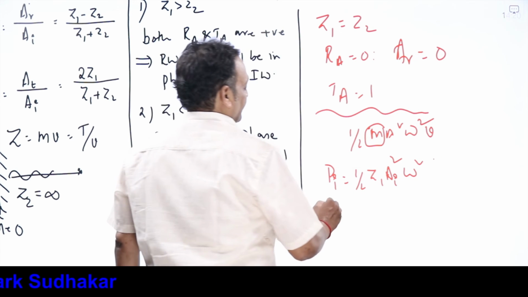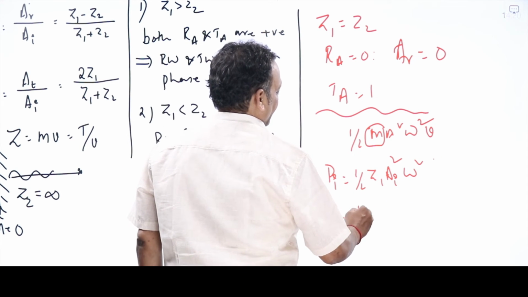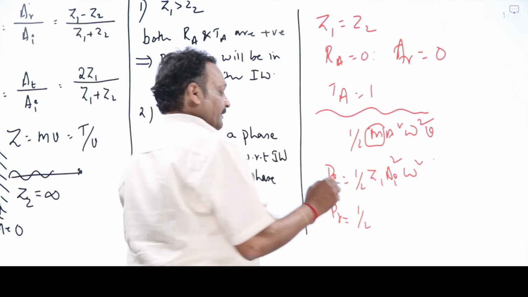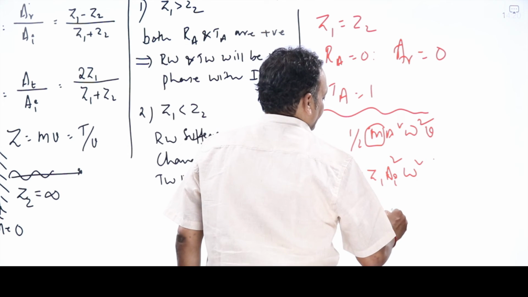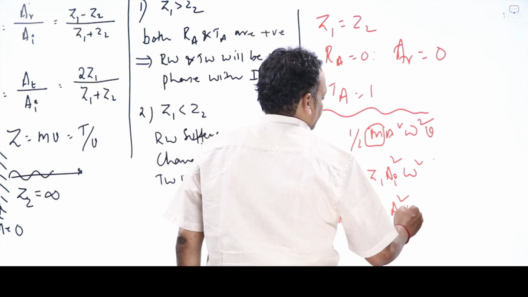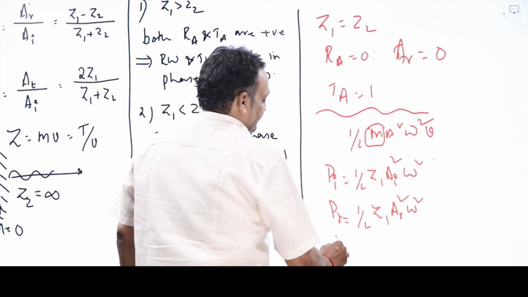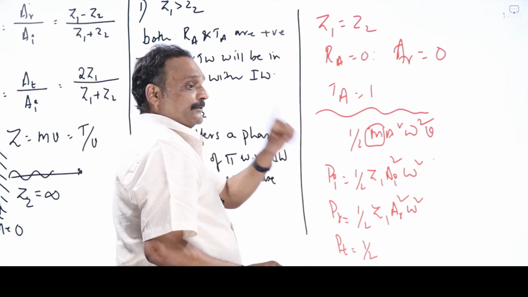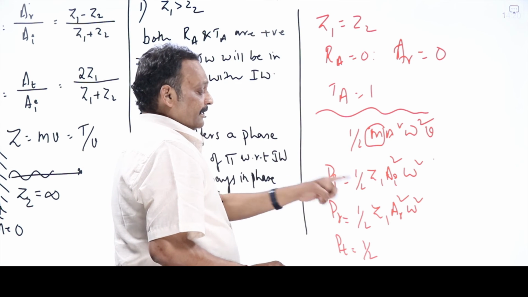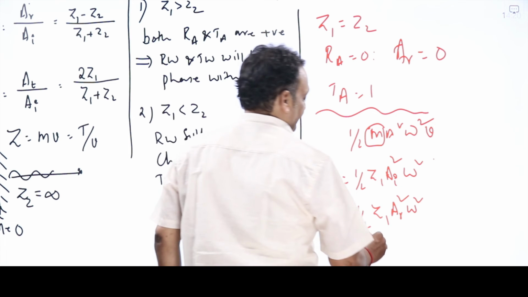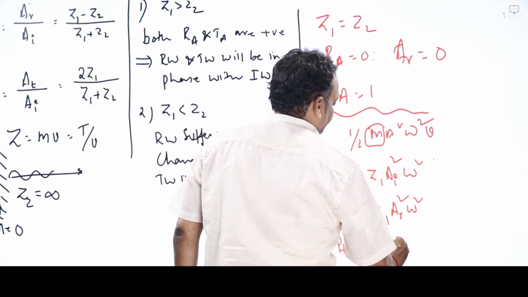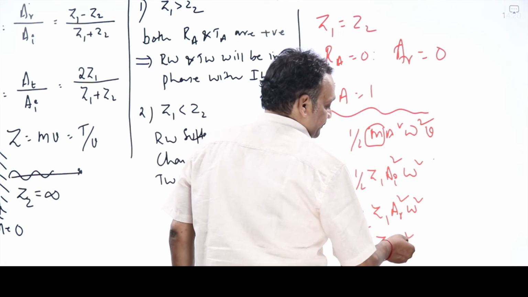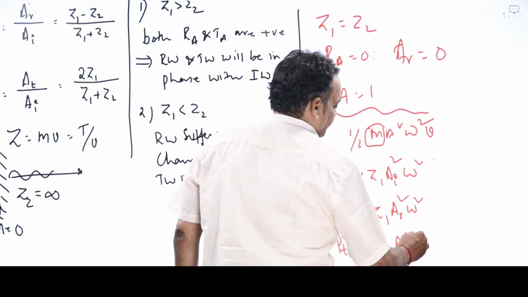Similarly, the reflected wave is also in medium 1 only, so PR is half Z1 into the amplitude of the reflected wave whole square into omega square. Similarly, the power transmitted is half into the transmitted wave in region 2, the second medium, whose impedance is Z2: half Z2 into AT square into omega square.